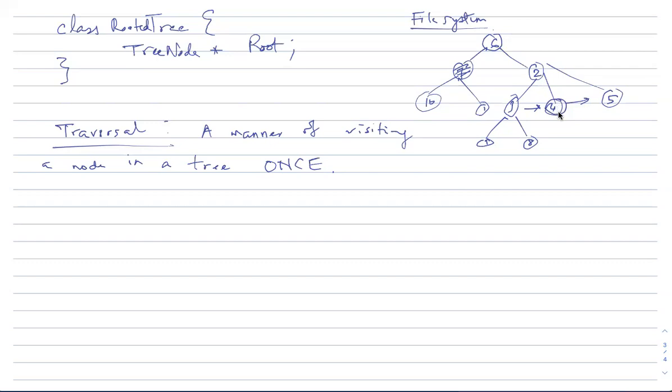Then what could be one thing that I can do after coming here? In other words, the visiting is generally associated with some operation you would like to perform upon hitting that particular node. So what could be an example of operation?